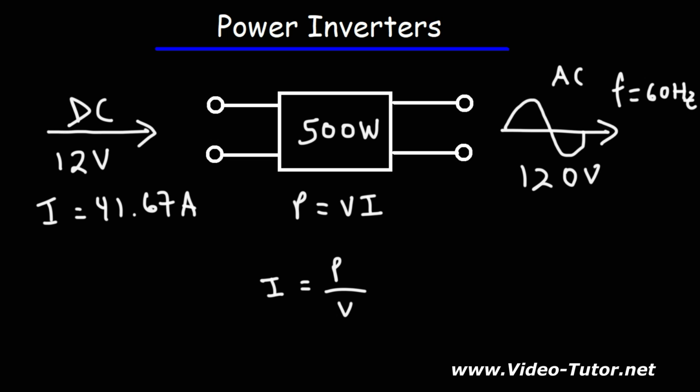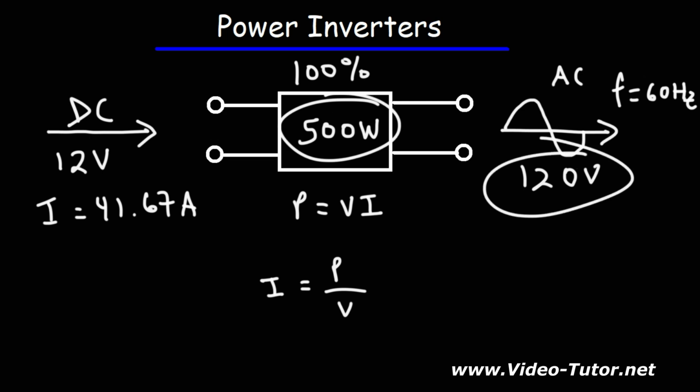But that will be an estimation of how much current is going to be flowing from the battery. Now, on the output side, we can also calculate the current. Assuming that this is an ideal inverter with 100% efficiency (in real life, the efficiency might be 85% or 90%, but for the sake of the math of this problem, let's assume this is a perfect inverter), the current at the output is going to be 500 watts divided by 120 volts.